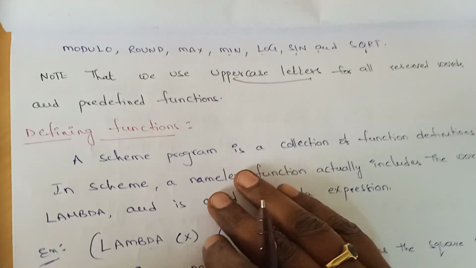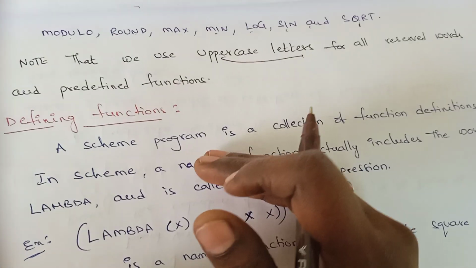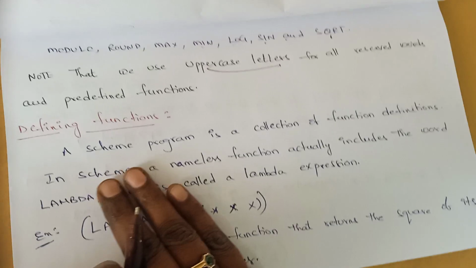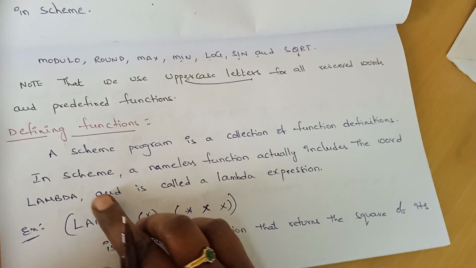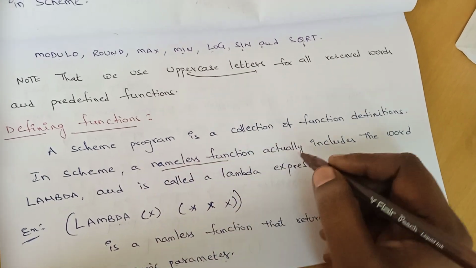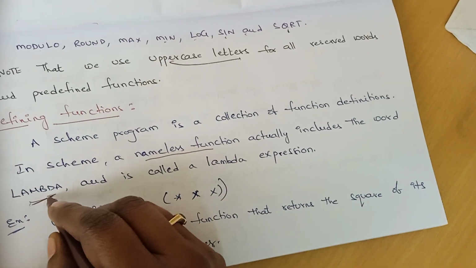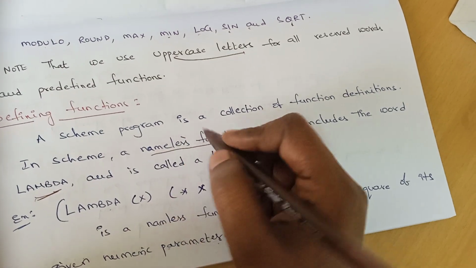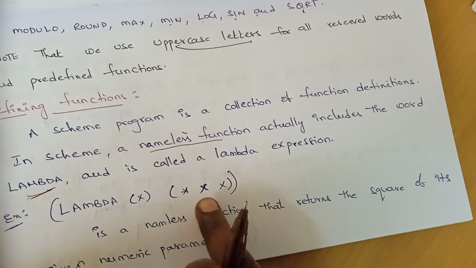Now we will be defining functions in Scheme. A Scheme program is a collection of function definitions. In Scheme, a nameless function includes the word lambda. Lambda is called a nameless function. So now if I don't know what function it is, basically we know what it is.